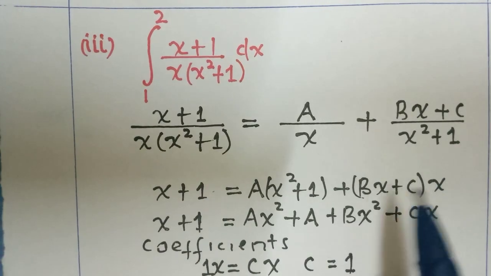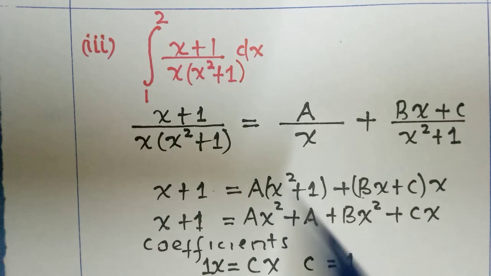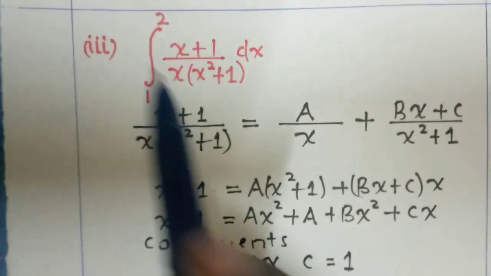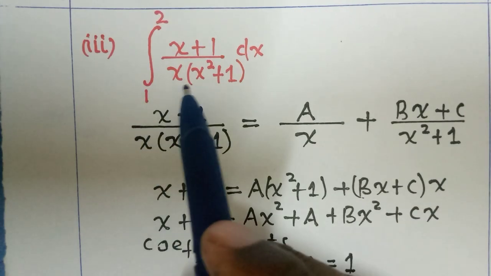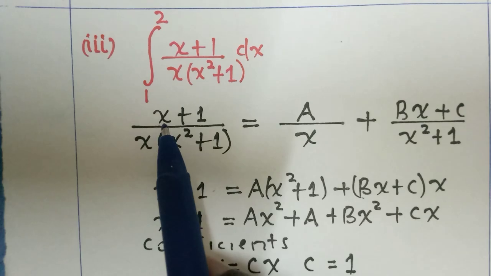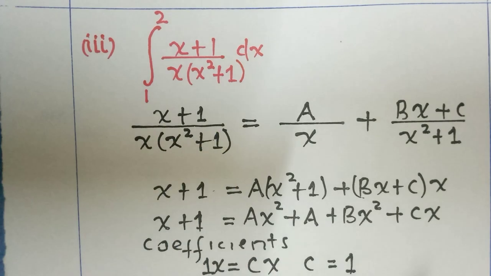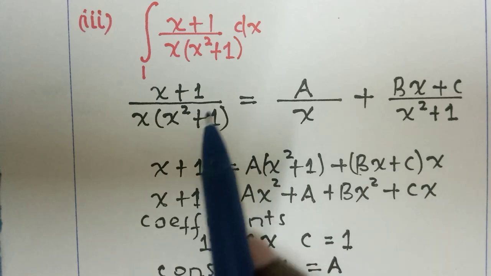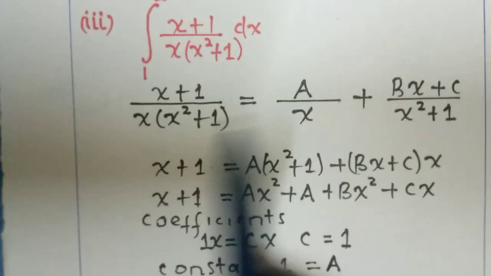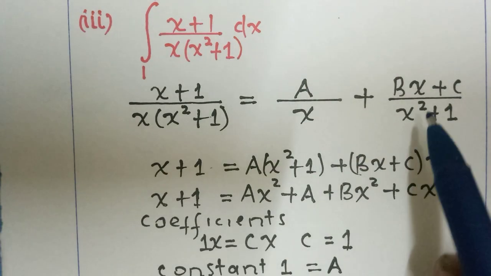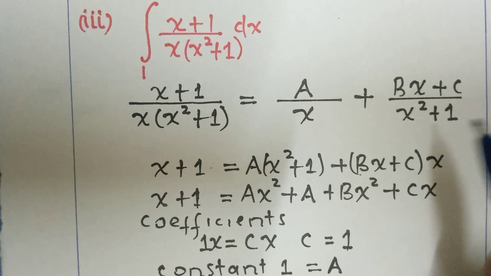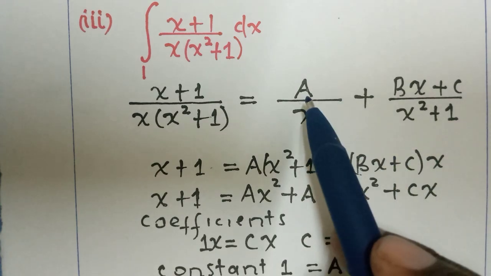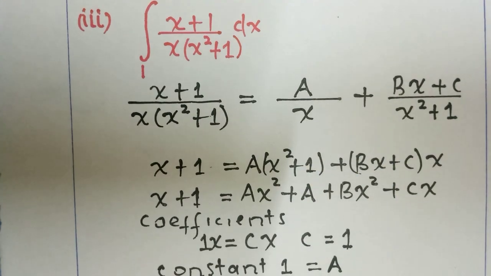So guys, my last question is right here. I've already done it. As you can see, it is here. And the first thing I'll do is the partial fractions. And this is what I have done, guys. I have separated this one. It is one fraction. I have made it into 2. That is to make it easier for integration. So I'm now going to find my a and my b.